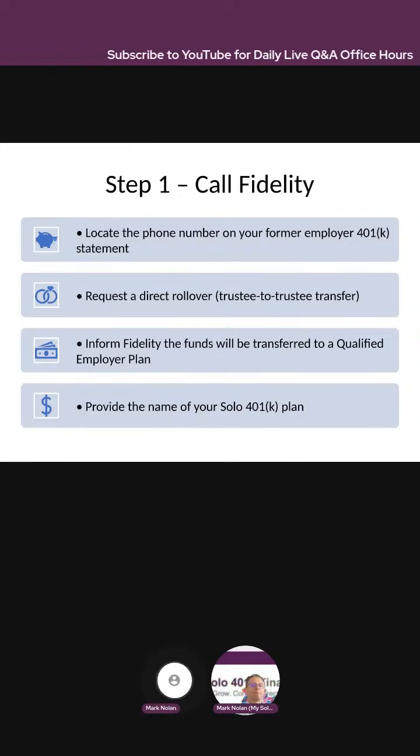Number one, it needs to be a direct rollover. So the transfer must be processed as a direct rollover, also known as a trustee-to-trustee transfer.